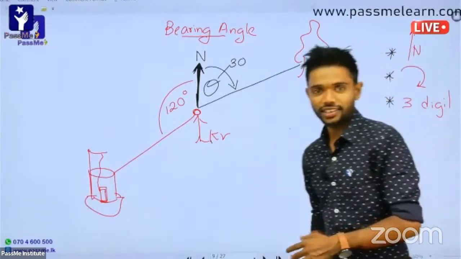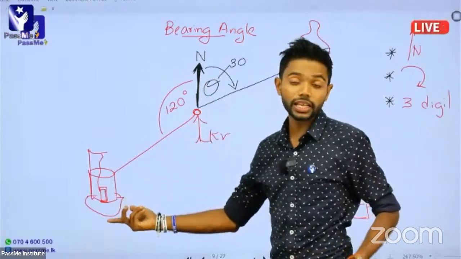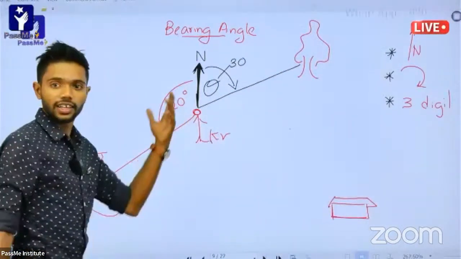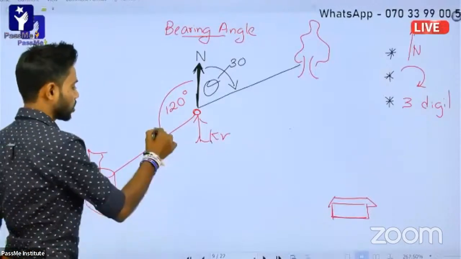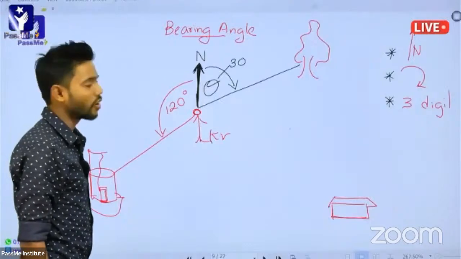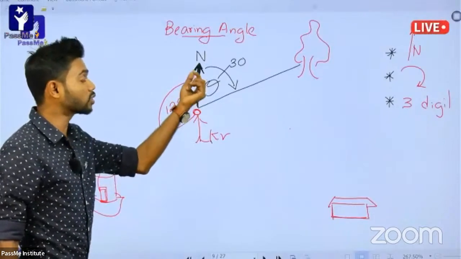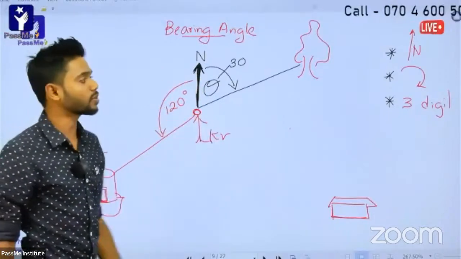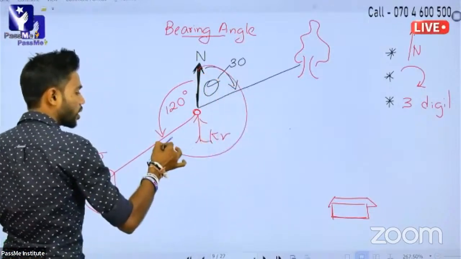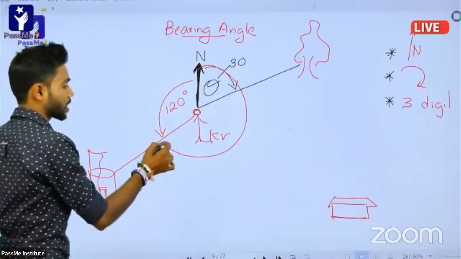Should it be 120? Is that right? KV is there, and the well is there. Is the location of the well with respect to KV 120? No, because we have this one like this. Even though 120 is there, you are not allowed to use the anti-clockwise direction, because you have to find the north, and with respect to north you have to go in this way, the clockwise direction, and come to this place and find this total angle.